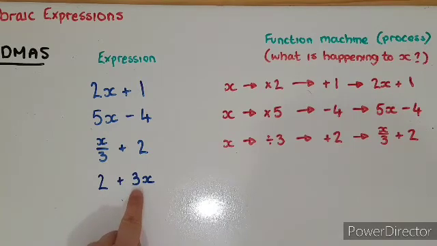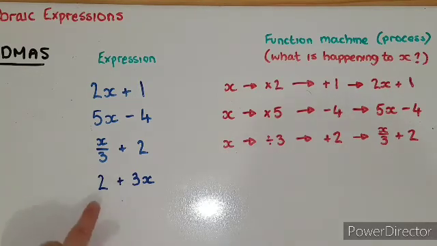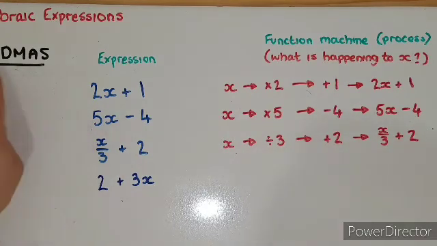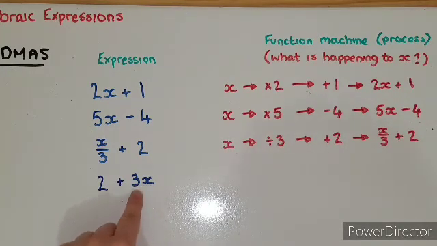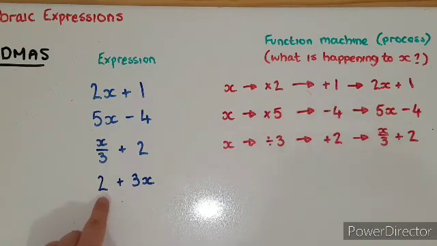Well, x has been multiplied by 3 because the x is sitting beside the 3, and I have an add 2. So I've got a multiplication and I've got an addition. Now if I look at my BODMAS again, multiplication comes before addition, so I still do the times first. So the first thing I would do here is x times 3, then add 2.